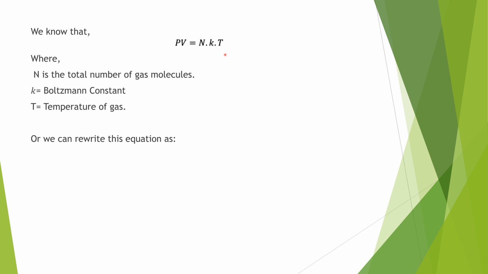If I rewrite this equation, then V upon T is equal to nk upon P. Now, Charles' law says the ratio of volume to temperature is constant if the pressure of the gas is constant. So if we take P as constant, this ratio becomes constant, and we get V upon T is equal to a constant, which is the relationship for Charles' law.